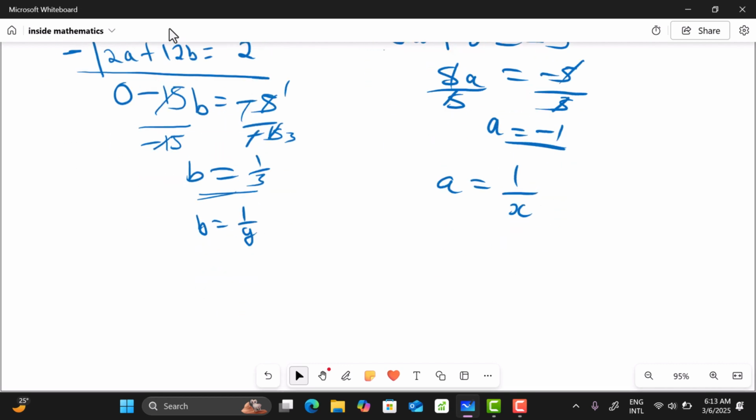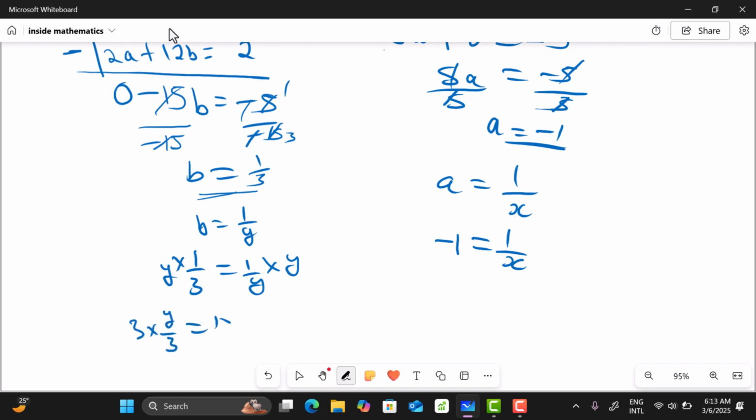So now what we need to do is just substituting. Minus 1 is equal to 1 over x, and 1 over 3 is equal to 1 over y. Cross multiply by y. Here we get y over 3 is equal to 1. We multiply by 3. Cancel here. y is nothing but 3.